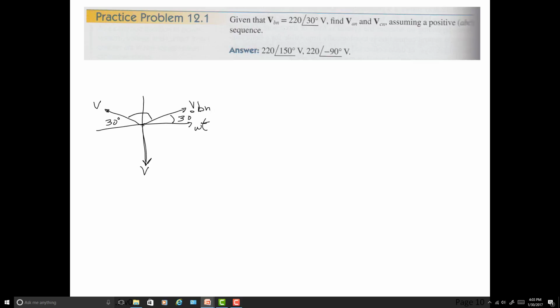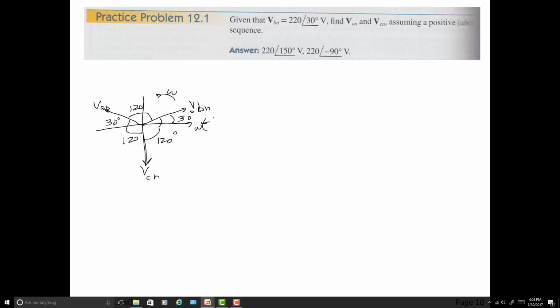So we've got our 120, and of course 120, and the last 120. So our only question is, which ones are these two? We're saying we've got a positive sequence. So now remember VBN trails VAN. So the rotation is still this way. So this must be AN over here and CN down here.